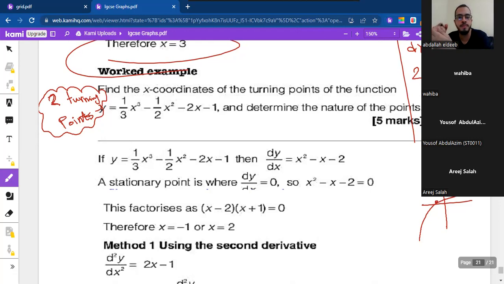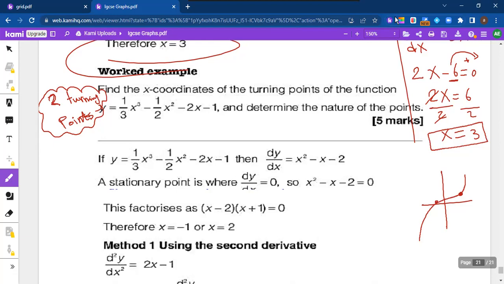Find dy by dx. Arish, can you find with me y dash or dy by dx?